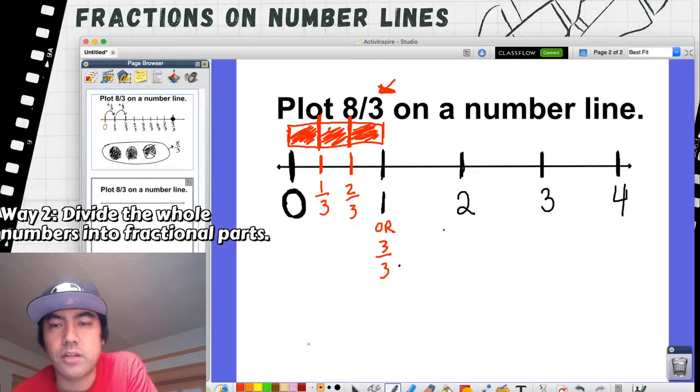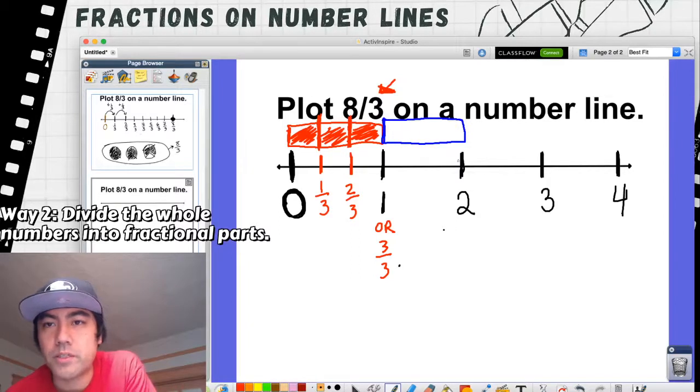Now, if I change colors, guess what this whole blue rectangle represents from 1 to 2? It represents 1 whole. From 1 to 2 is 1 whole. And now I'm going to do the same thing. I'm just going to cut this into thirds.